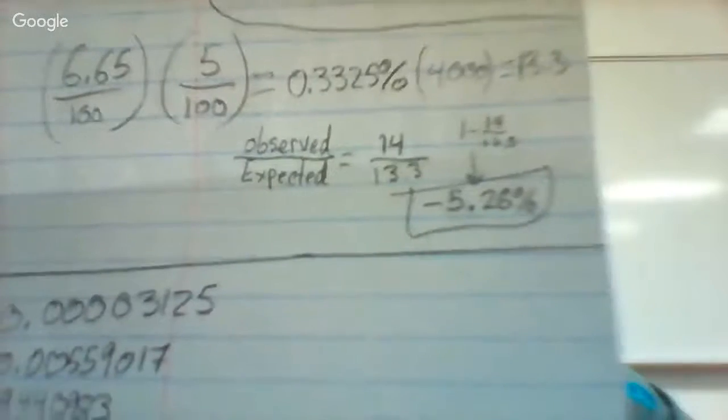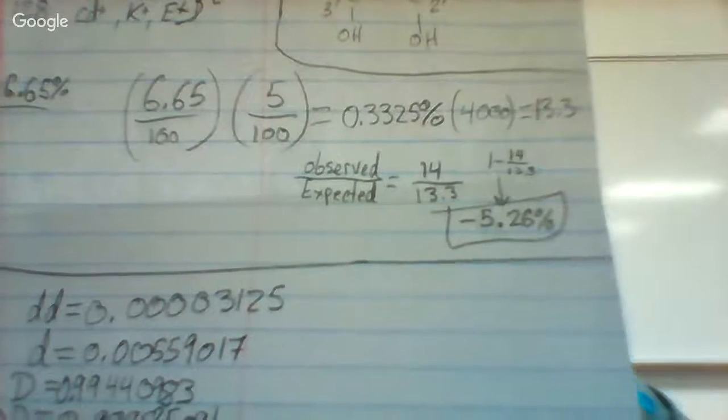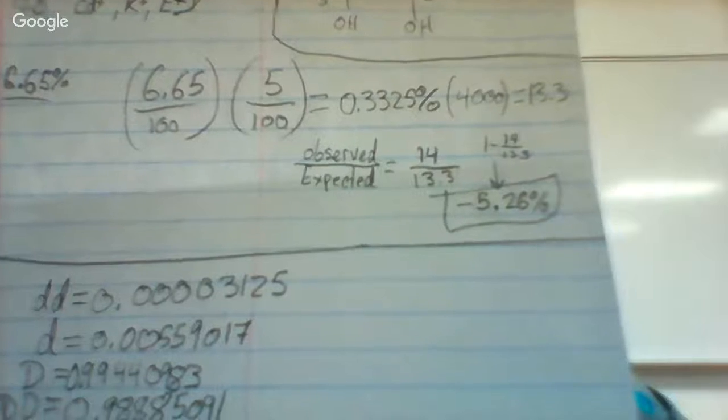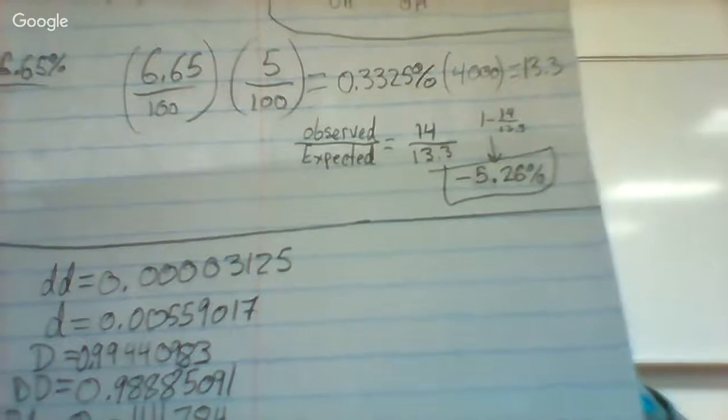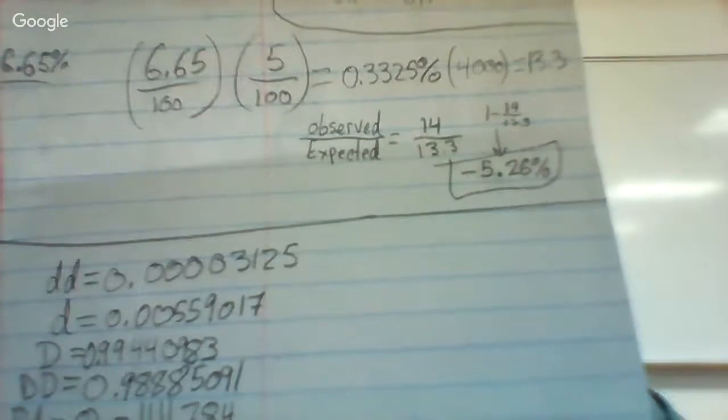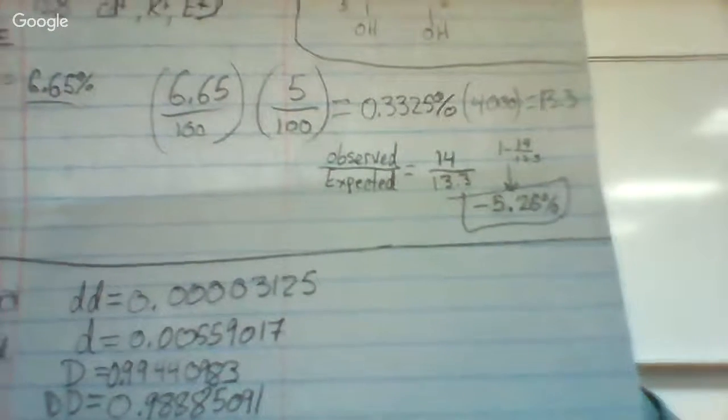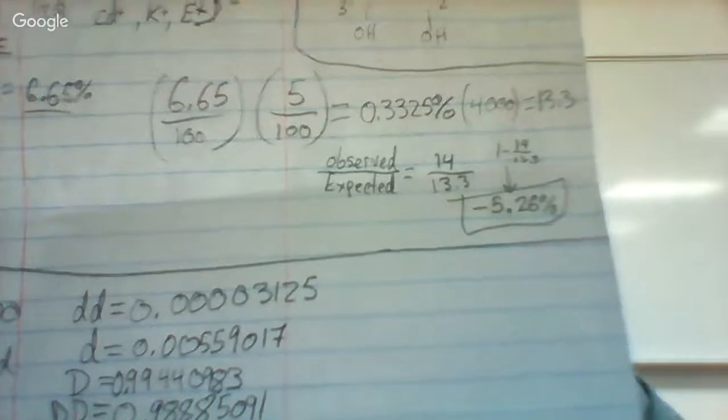And then you take the observed divided by the expected, and then you take one, subtract that number, and then you're going to get the interference value, which was negative 5.26. Cool. So that's how I got the answers to that question.